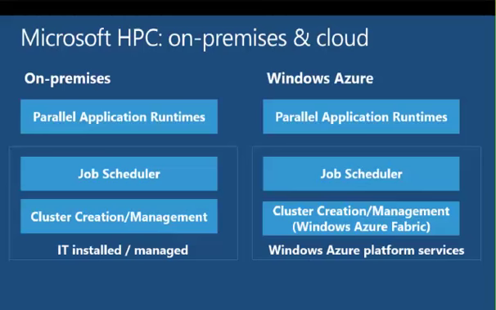So obviously you need the parallel runtime. So for example, the MPI library, SOA, service-oriented architecture runtime, and you may need resource management. And on Windows Azure, you probably need pretty much the same thing, except that you need special software that connects and talks to Windows Azure Fabric, to be able to manage and provision hardware resources in the cloud.